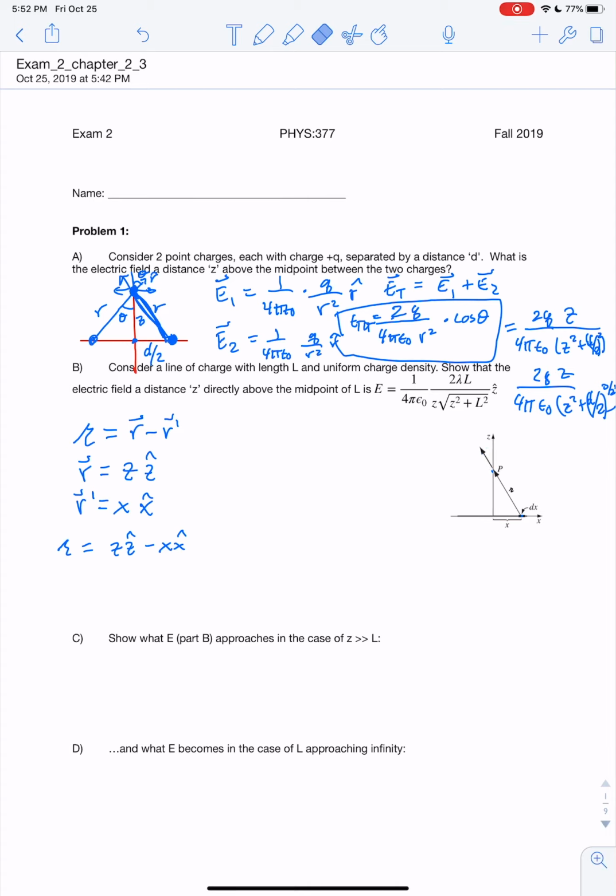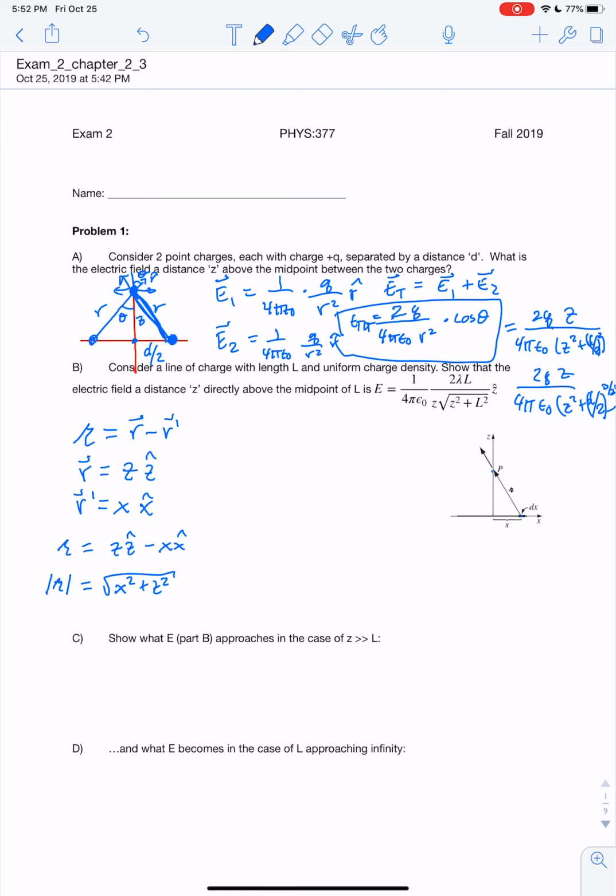Okay, so then if that's script r, then the magnitude of script r is just a function of this. It's the square root of whatever our x squared is plus whatever our z squared is.